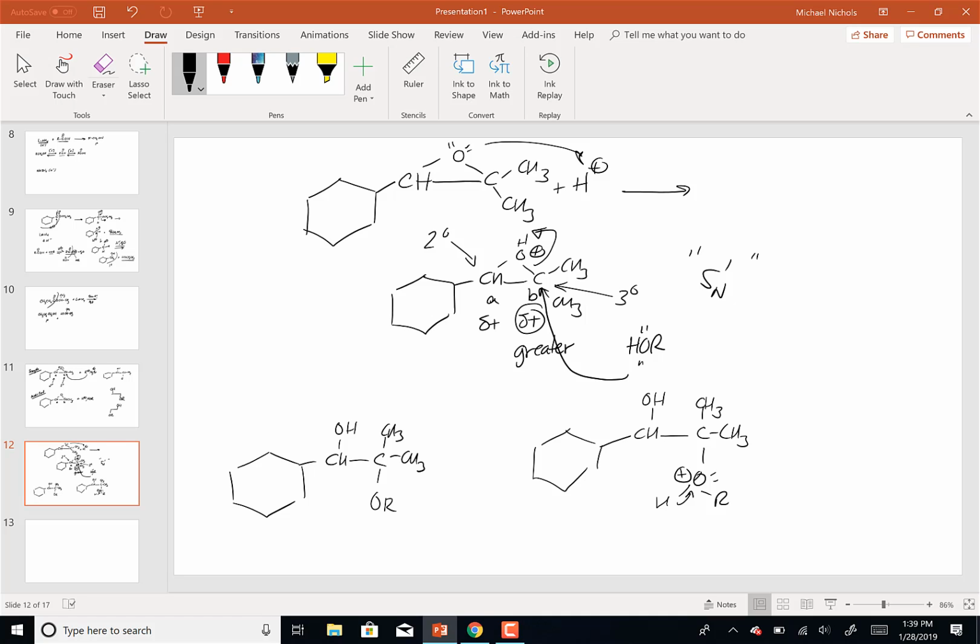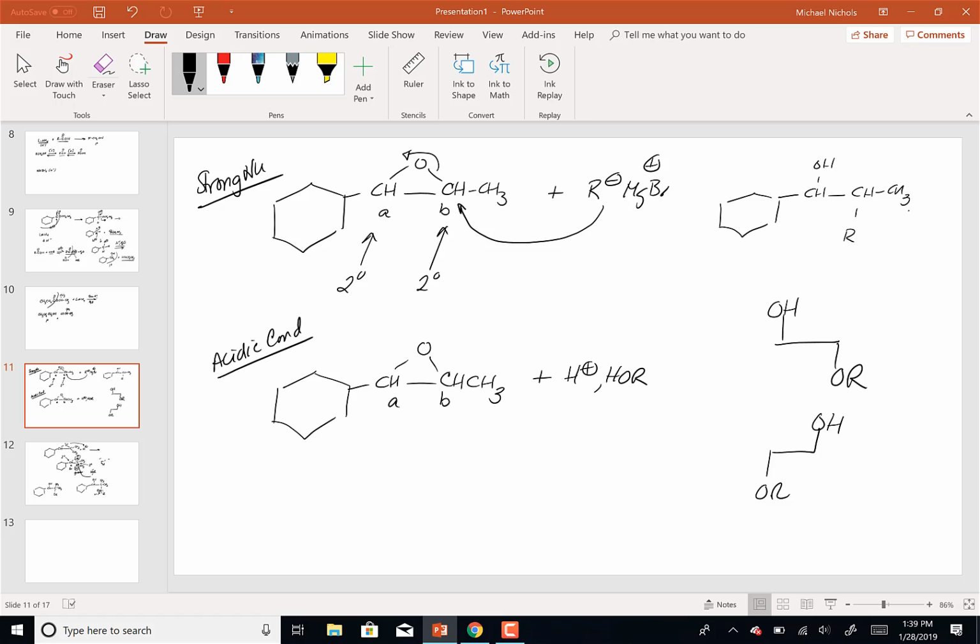In the reaction with any negatively charged nucleophile, going back, any negatively charged nucleophile like R minus, C minus, Cl minus, Br minus, O minus, this is a strong nucleophile, and these two carbons have no positive charge to share.